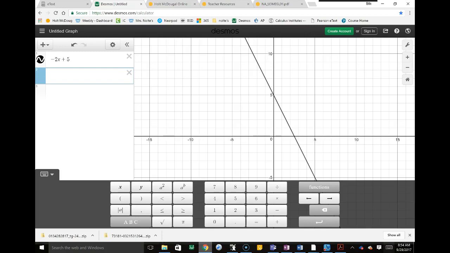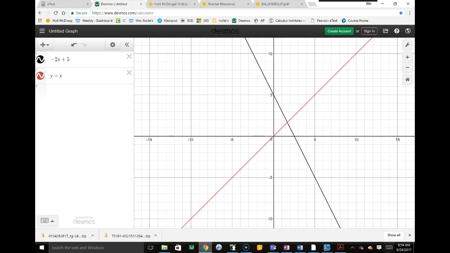Okay, do you guys remember this? So there's a reflection involved. Okay, and the whole idea of this is that we switch the x and the y. So if I graph the equation y equals x, this red line, can you see how the black line would reflect over that? Do you see it?